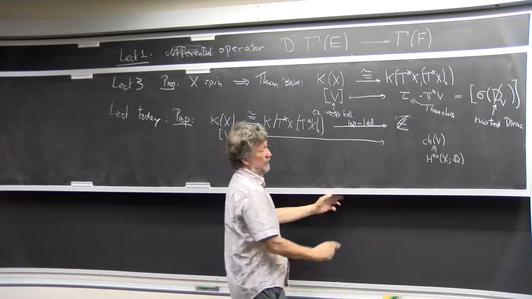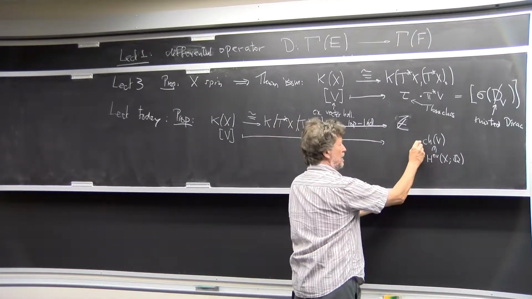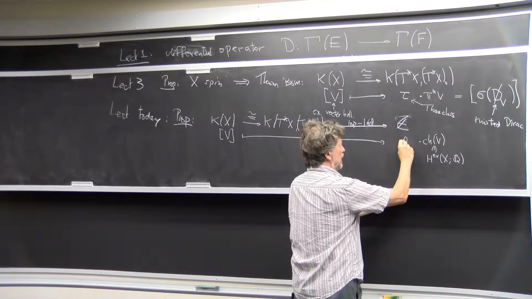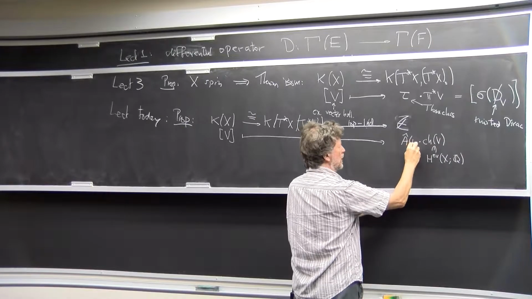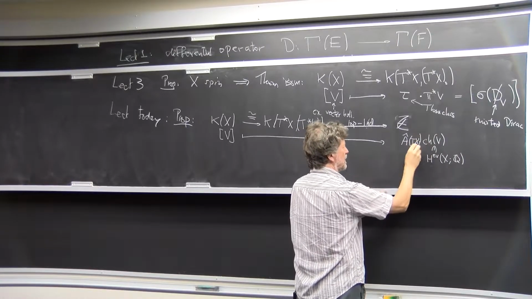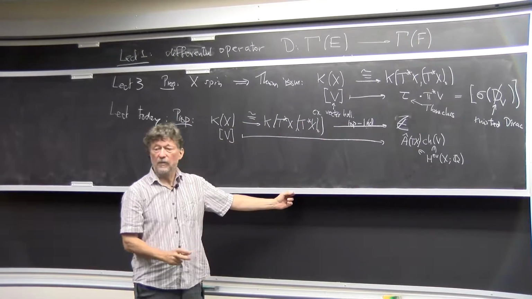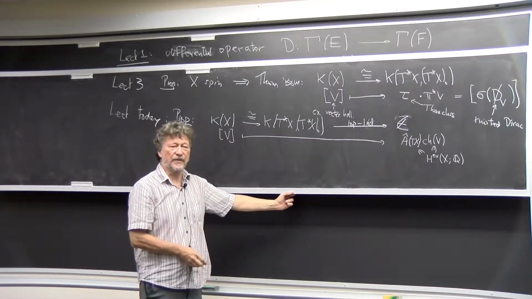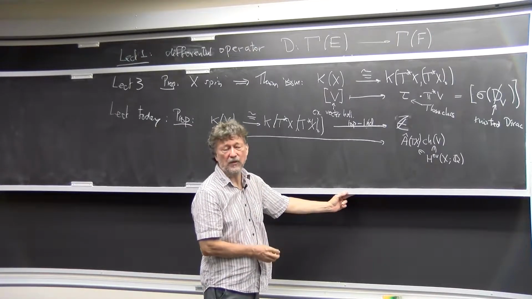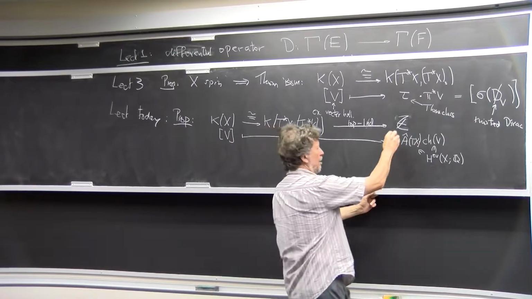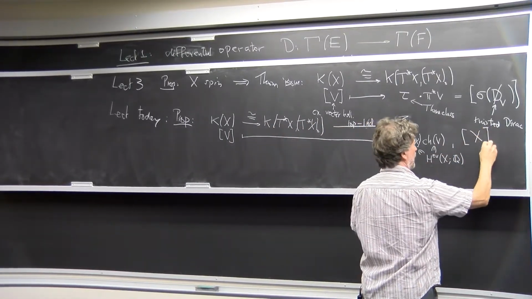Then you multiply, and I'm going to go into detail about those things. That's the main thrust of today's lecture. Then you multiply it by another cohomology class, which is called the roof genus of the tangent bundle of X. That also lives in here. Then you multiply those things, you get again something in there. Well, then you have a cohomology class which you can evaluate on the fundamental class. So you evaluate this on the fundamental class of this manifold, right?